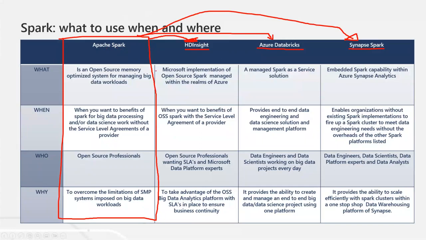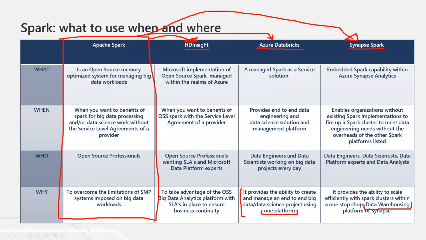Okay, it just explains the differences. For instance, why use Apache Spark or why should you rather use Azure Databricks. For instance, here it provides you the ability to create and manage an end-to-end big data science project using just one platform. Okay. Here in this case, it is more about data warehousing.